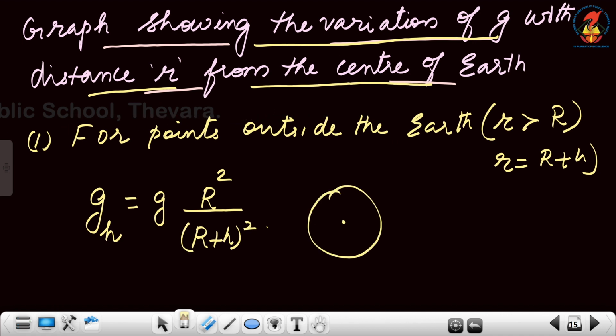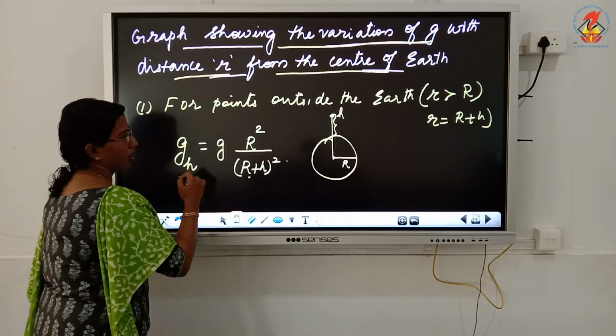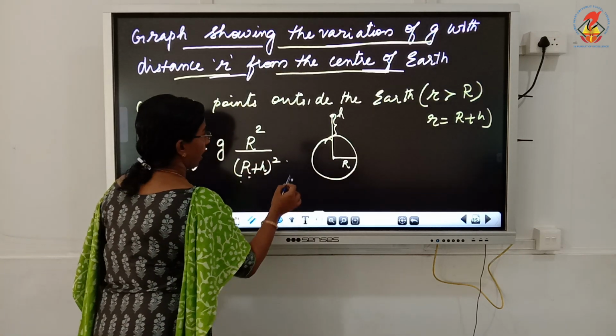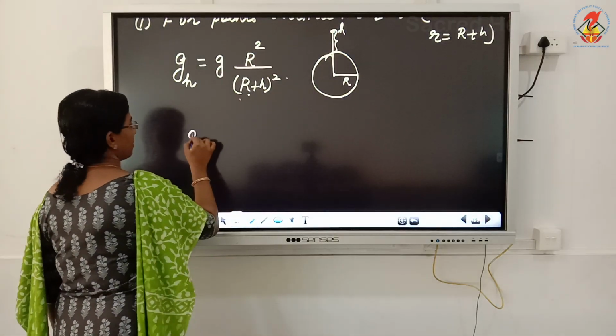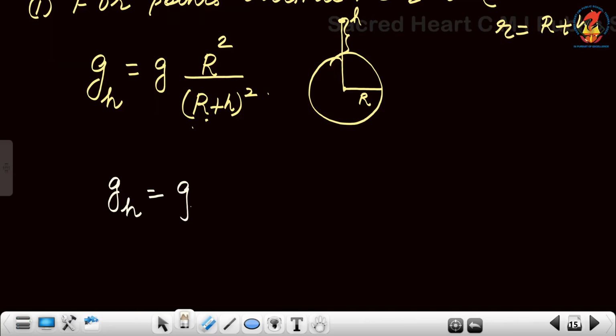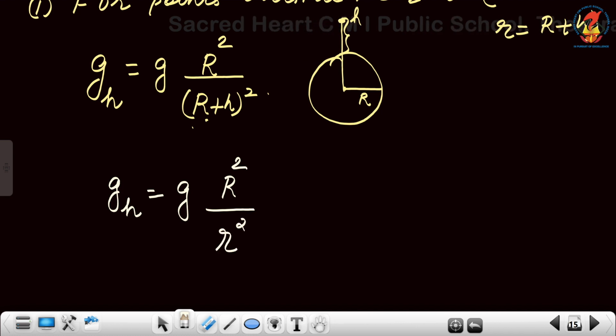R means from the center of the earth to the surface of the earth, and R plus h means from the center of the earth to the point at an altitude, at a distance h from the surface of the earth. So this is actually small letter r. So we can write g_h is equal to g into R square divided by small r square.